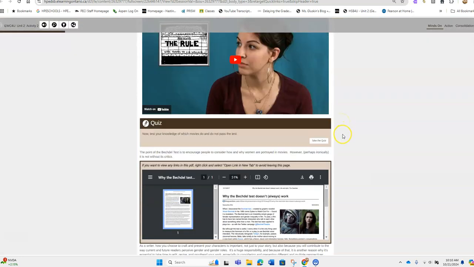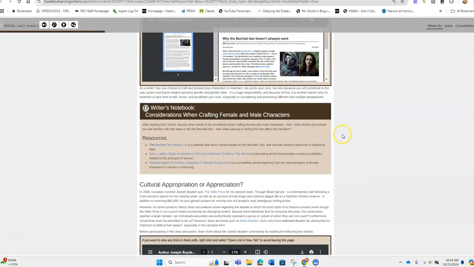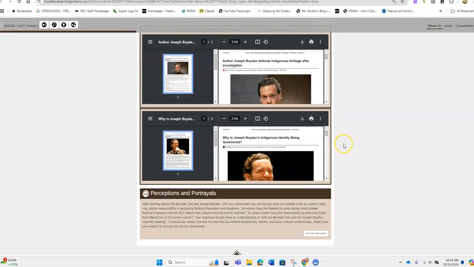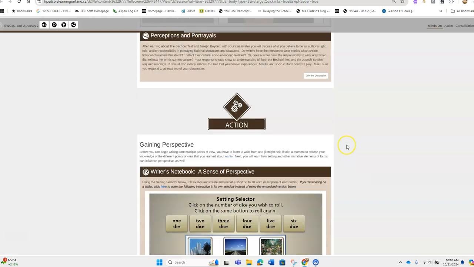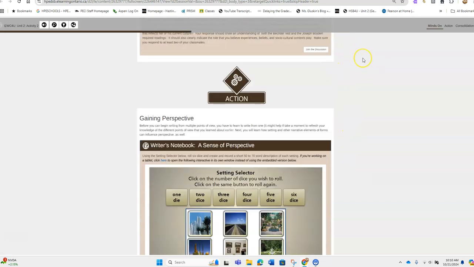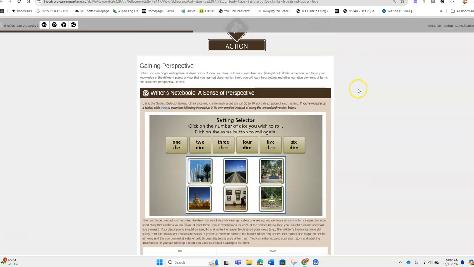So we're going to go through the content. It's going to give us lots of information about different types of characters and characters that you include. So that's what this is in terms of who you choose and who you are representing within your story. Then there are some more interactive activities which you can go through to help you select perspective.